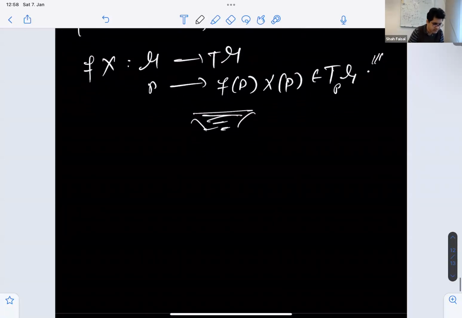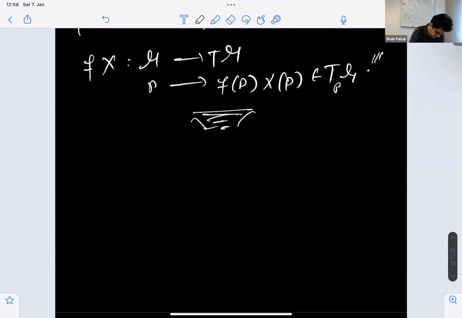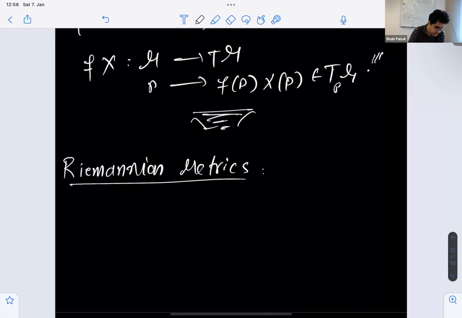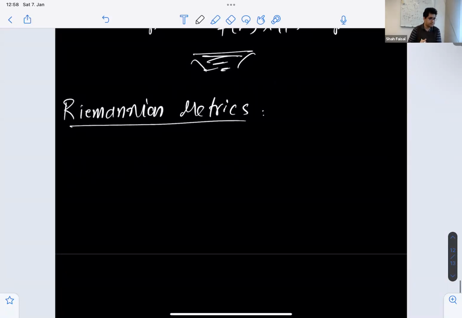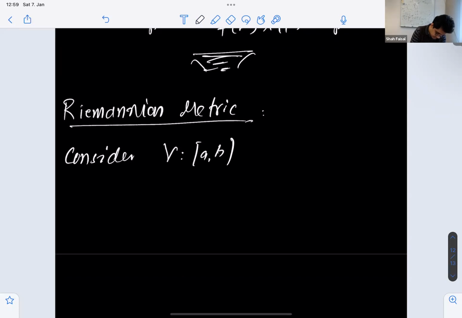Let's go towards Riemannian metric. So what is a Riemannian metric? Let's start with some nice examples. So consider a path gamma from this interval to R3.